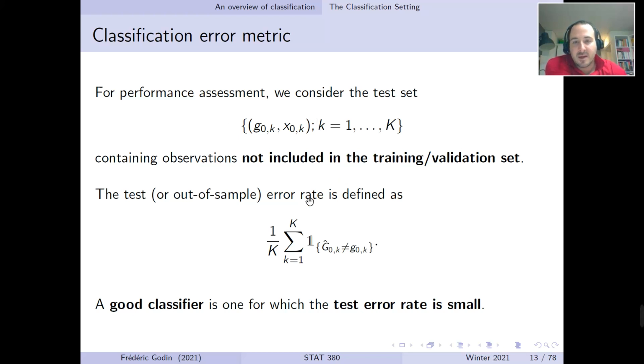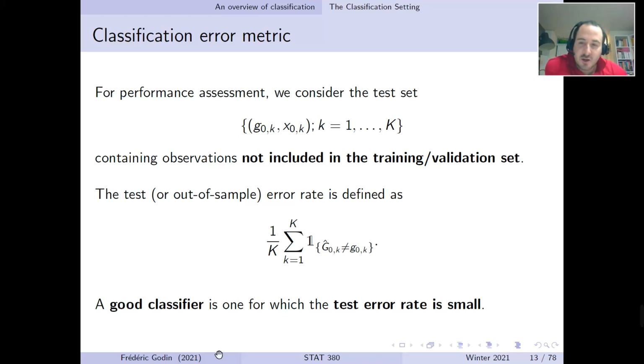Then we can define the test or out of sample error rate as, once again, the average across all out of sample observations of an indicator which is worth 1 if you misclassify the out of sample observation based on your rule, or 0 otherwise. So again, the error rate out of sample is simply the proportion of classification mistakes you will make out of sample.